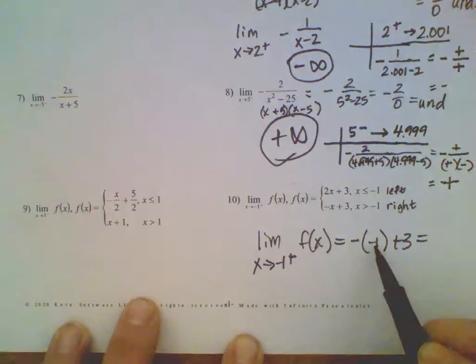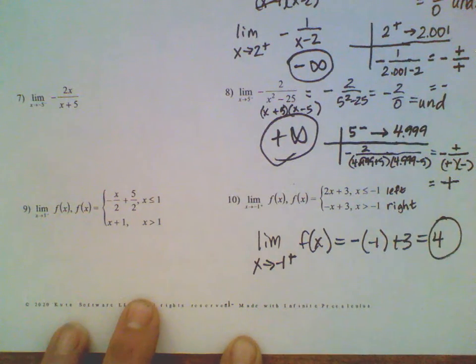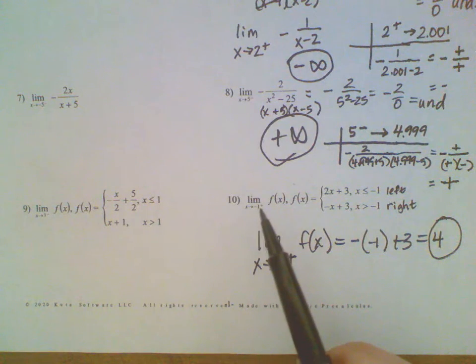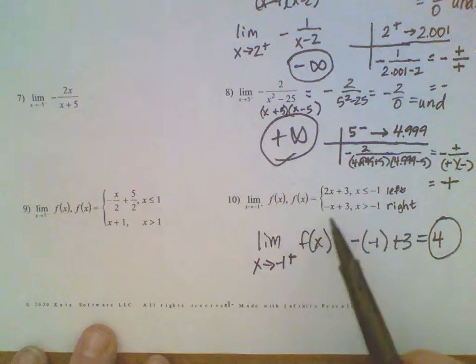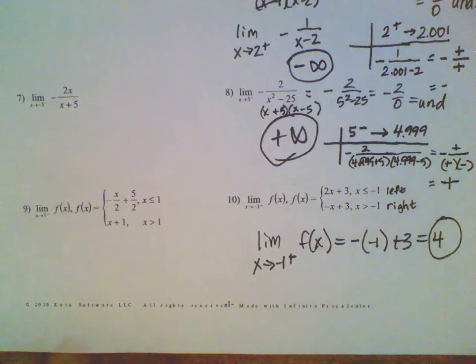So the opposite of -1 is 1. 1 plus 3, 4. There's my limit. So don't, again, overthink the fact that this is from the left or from the right. Find the portion of the function that covers that direction and plug it in and get an answer.